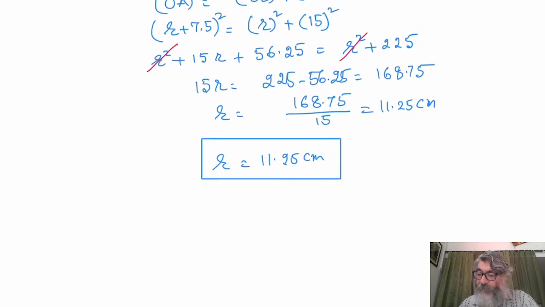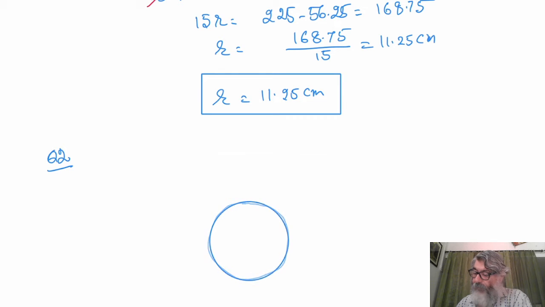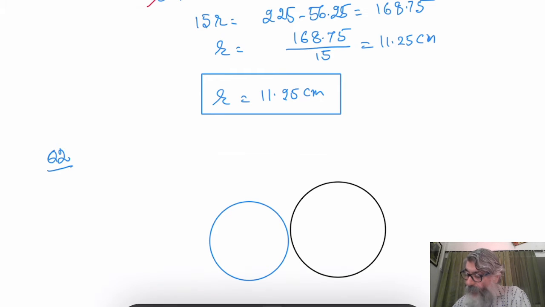Okay, now let's see question number 2. This is again difficult to make. It becomes difficult whenever you draw two circles.